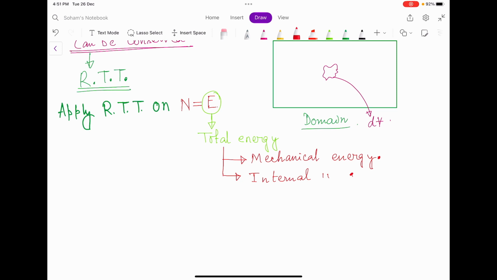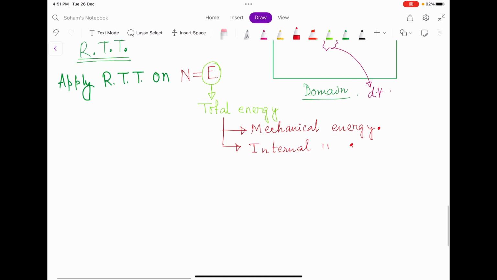Now, I have told that the potential energy will be categorized under the internal energy, okay. And this mechanical energy is essentially the kinetic energy. So if I apply RTT on E, then I will get what?